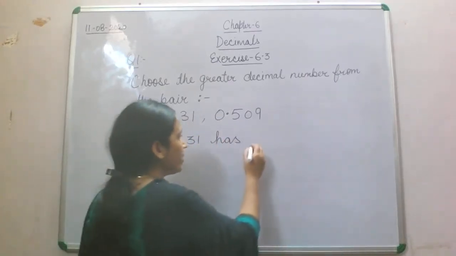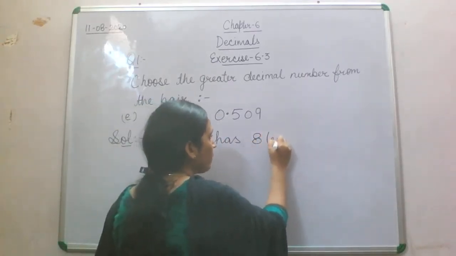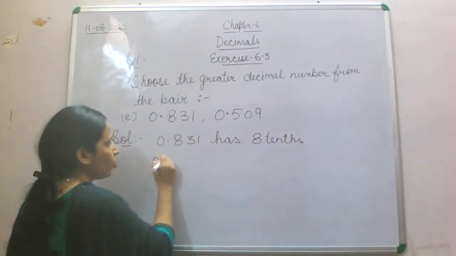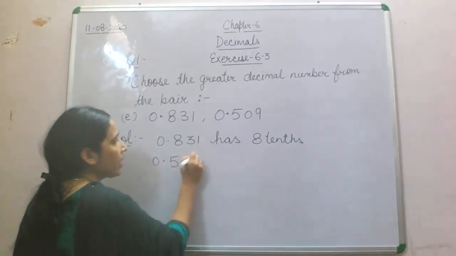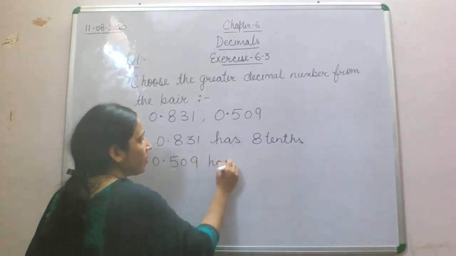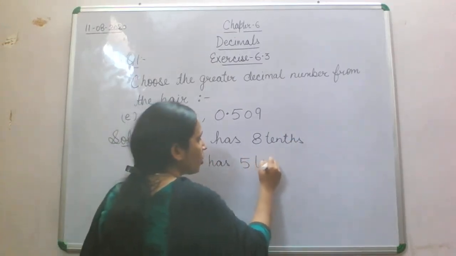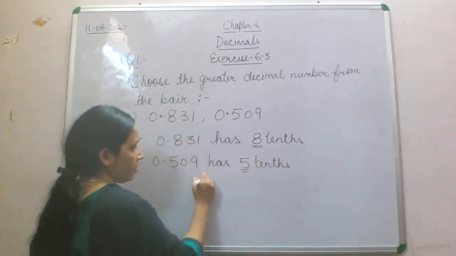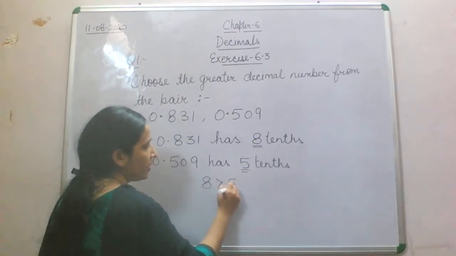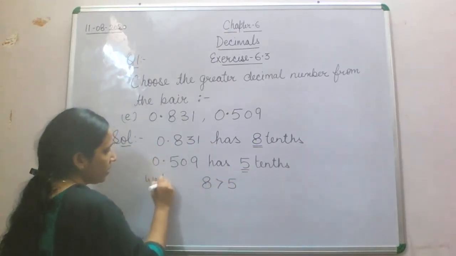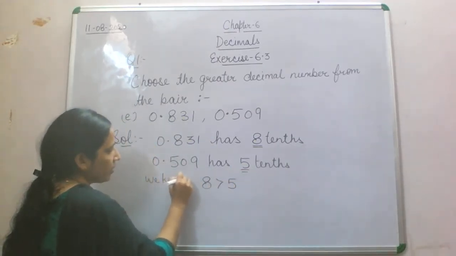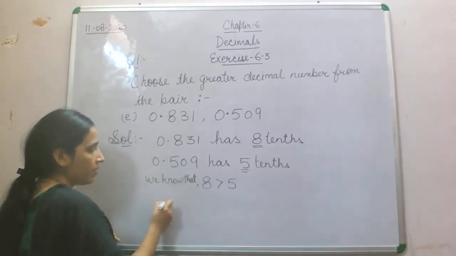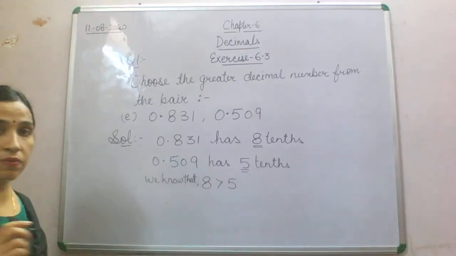Now 0.831 has 8 tenths and 0.509 has 5 tenths. So which is bigger? 8 is bigger. We know that 8 is bigger than 5.